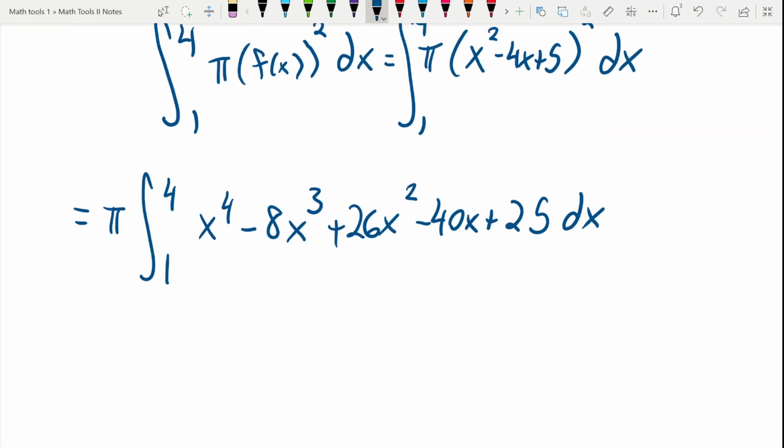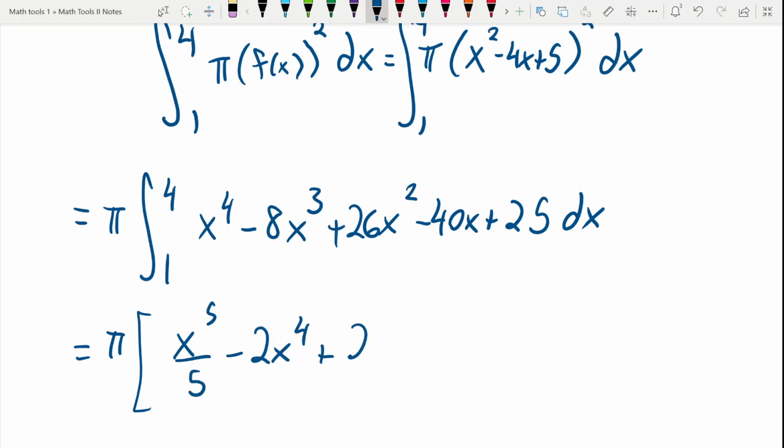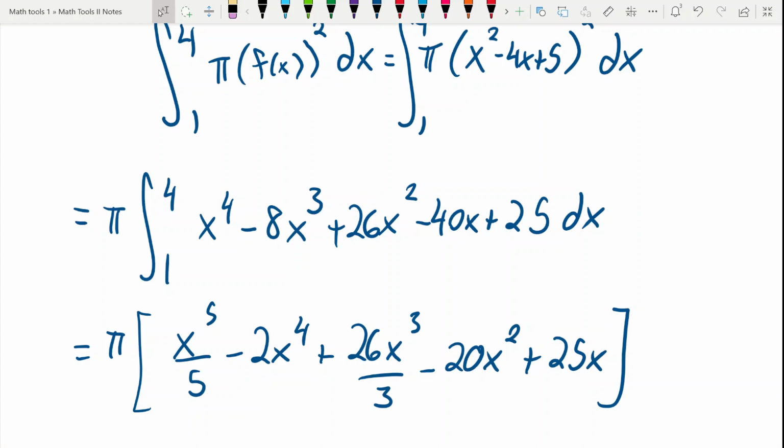Then we'll integrate that, and we'll get x to the 5th over 5 minus 2x to the 4th plus 26x cubed over 3 minus 20x squared plus 25x, and we are going from x equals 1 to x equals 4.